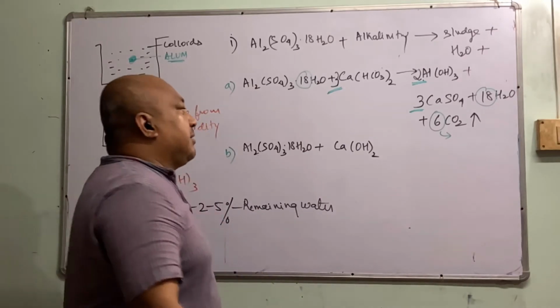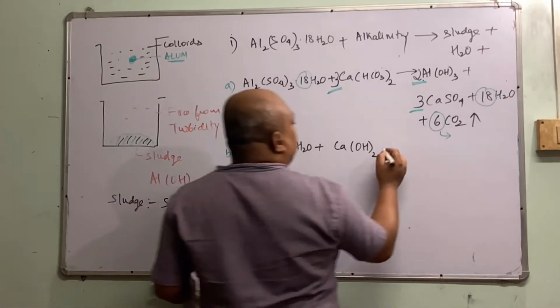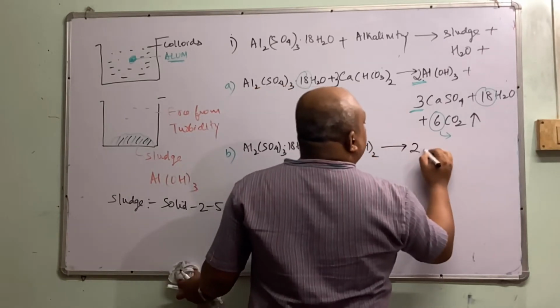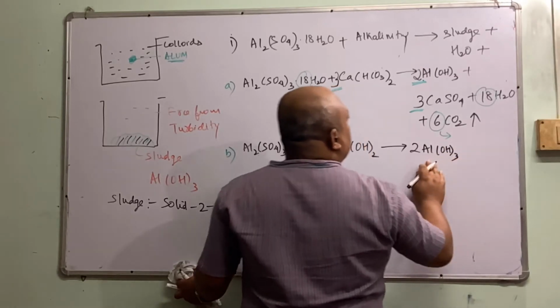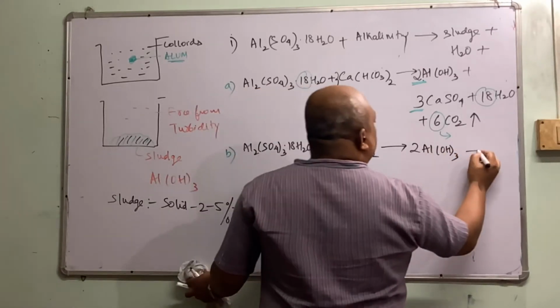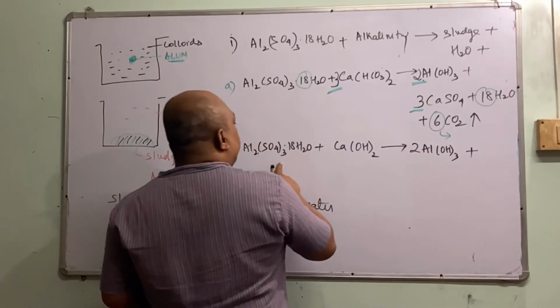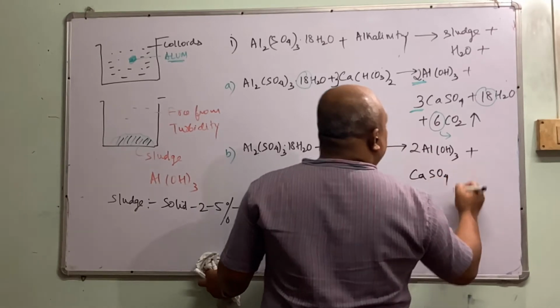It's calcium hydroxide, maybe magnesium hydroxide, maybe other hydroxides. Based on this, it may again give twice Al(OH)3, the sludge, plus calcium into sulfate, so calcium sulfate will be there.